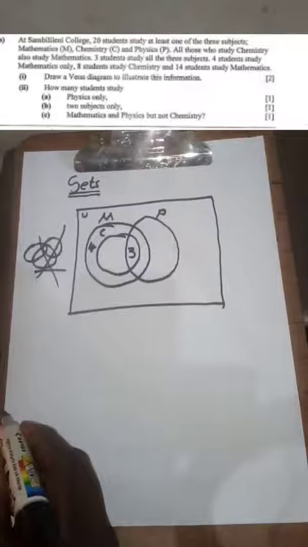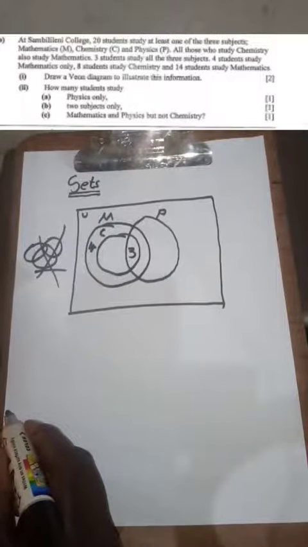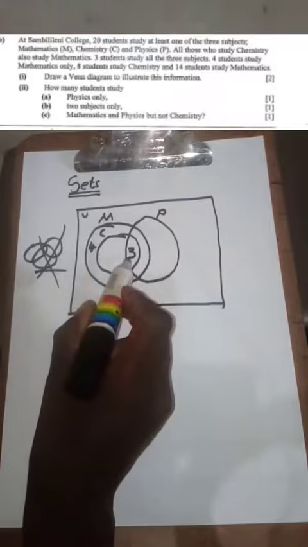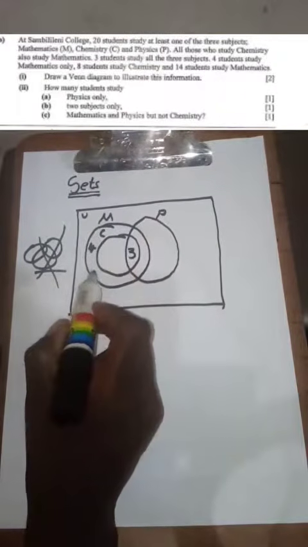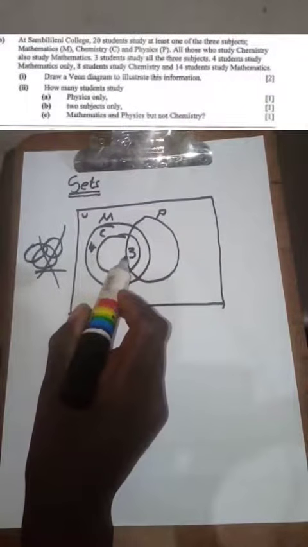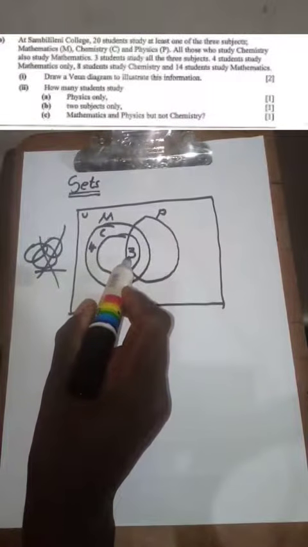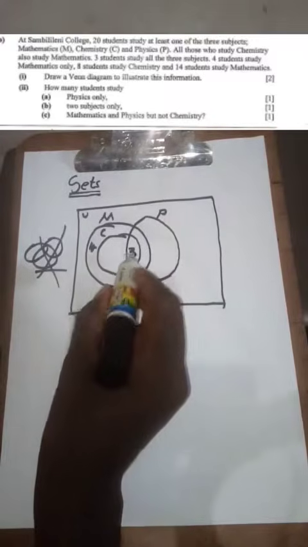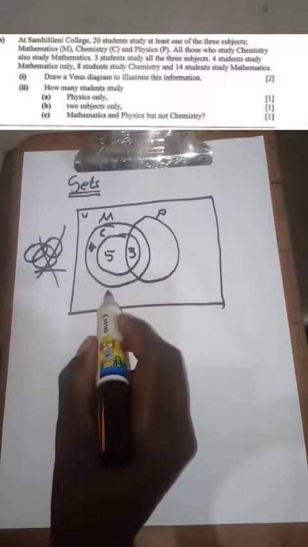Then the third point says 8 students study chemistry. Remember, that 8 of chemistry also includes these 3. From that 8, there's also a 3, so the remaining part is 5, whereby if you add them, it gives you 8.